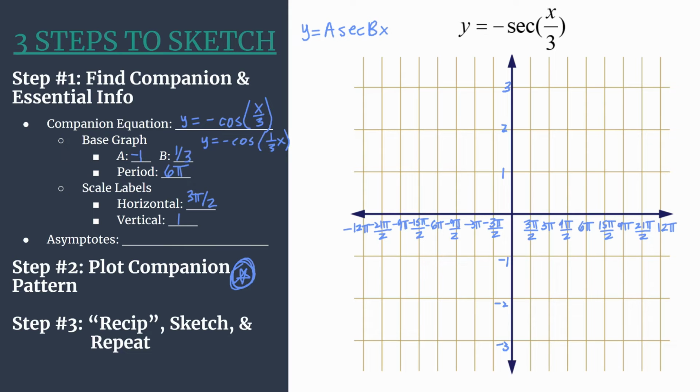Now before we move on to step 2, let's take a pause to find the asymptotes equation for our secant graph. I'll post some videos later on that go into a little bit more detail about this. For right now, we're going to go ahead and use this really useful setup where we take our inputs of our secant function, so that's x over 3, and set them equal to our asymptotes of our parent secant graph.